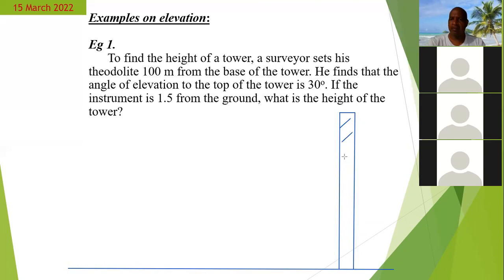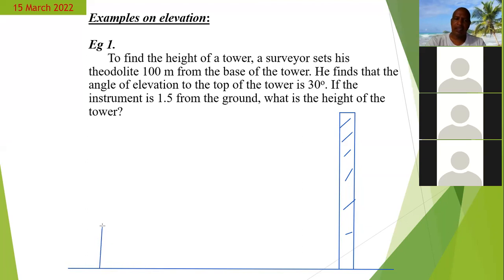Yes, sir. The theodolite is estimated at 1.5 meters. All right, so where are we going on to? On the left side. All right, on the left, what are we drawing, a vertical or a horizontal? Sir, a vertical.